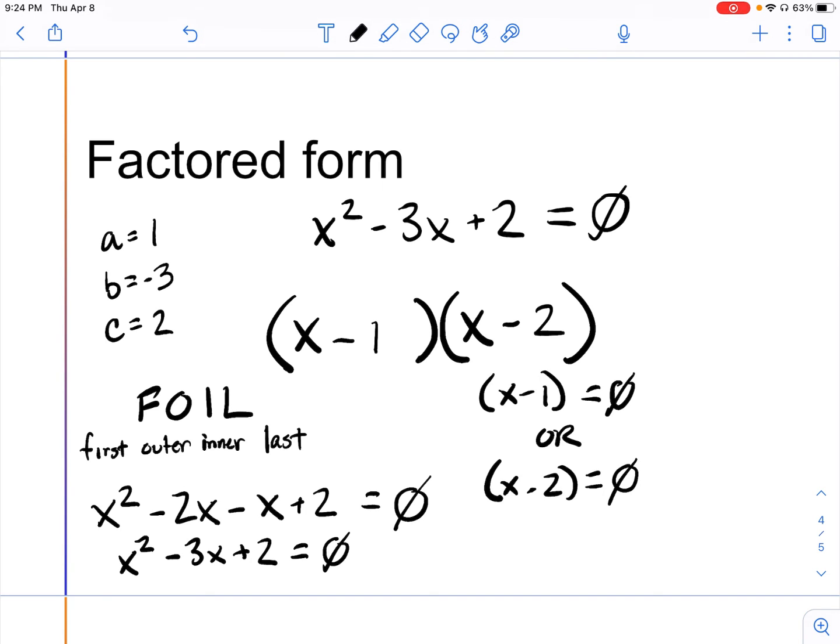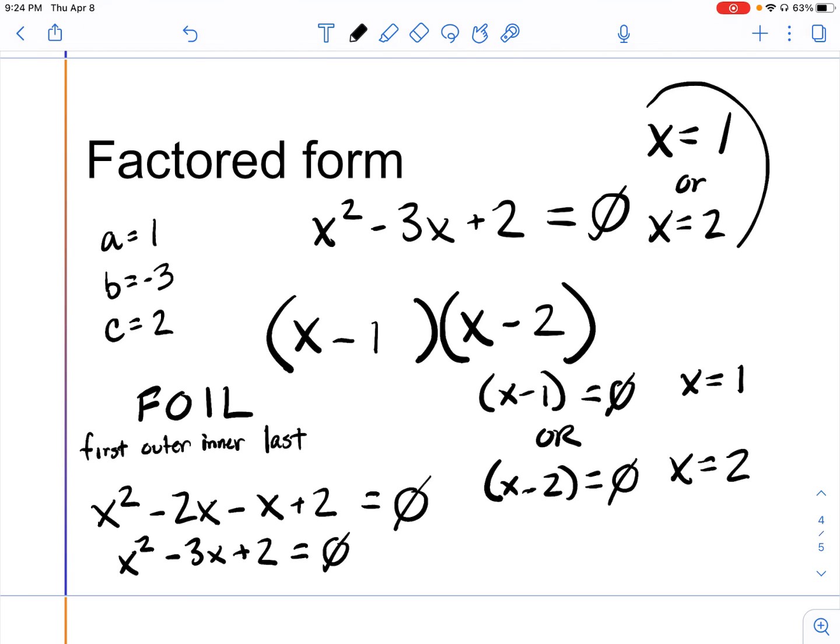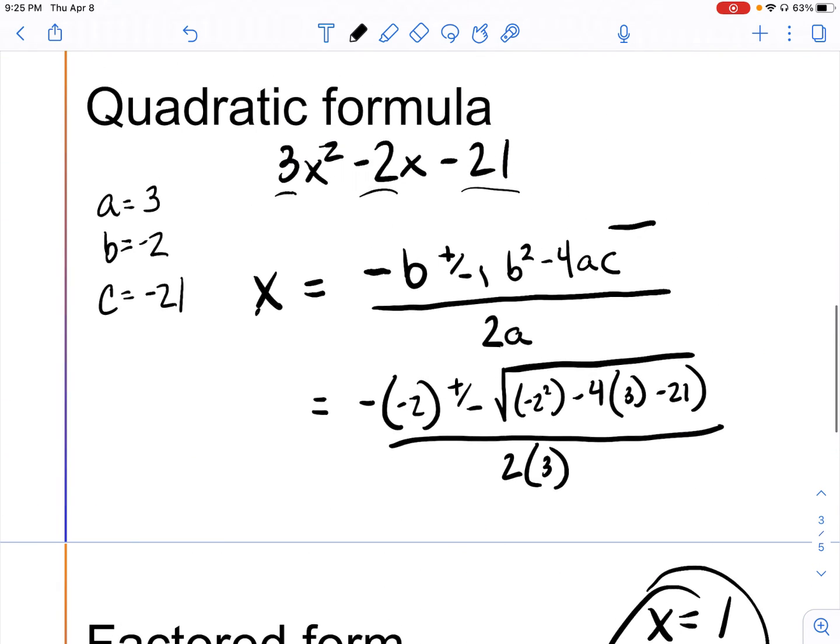So x minus 1 equals 0 when x equals 1, and x minus 2 equals 0 when x equals 2. So our solutions to this through factoring are x equals 1 or x equals 2. So you can see how if you can factor the equation pretty easily, then the solution's a whole lot easier than plugging into this big ugly thing.